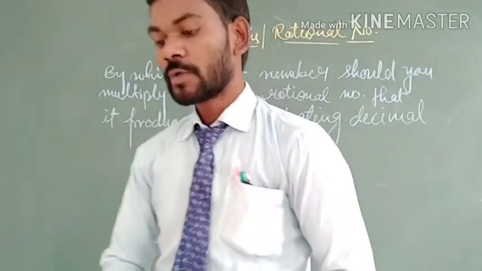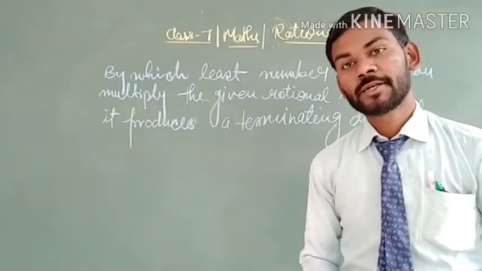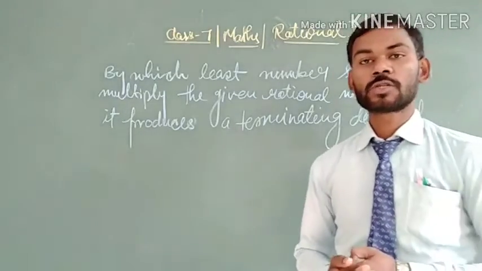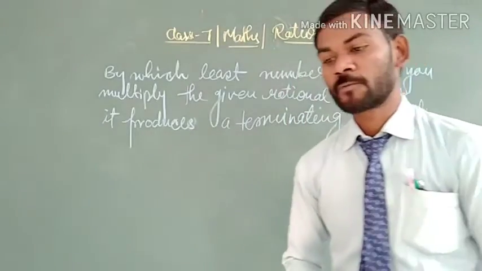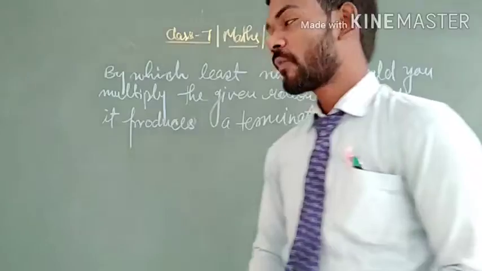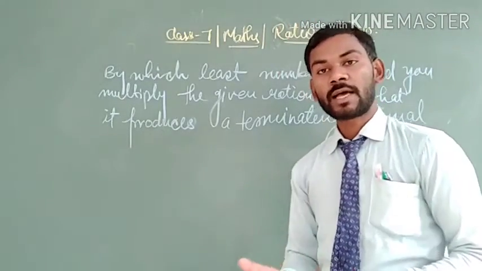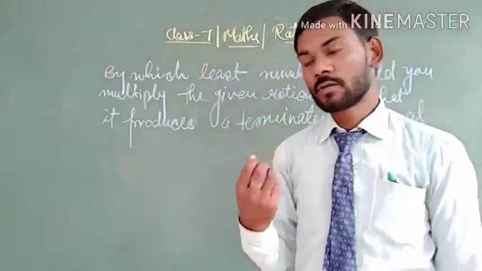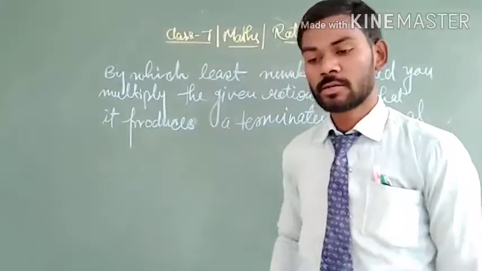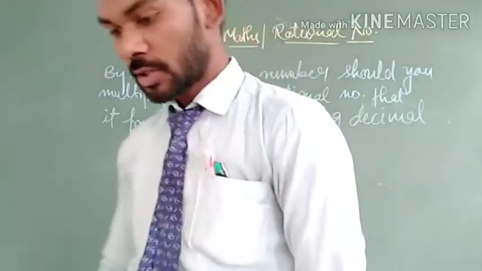So here we shall follow the same rule, but sometimes we get such a rational number in which the denominator can never be changed into 10 or a multiple of 10. But here we have some option to convert it into a terminating rational number. So let us see how we do this. Let me see the question.